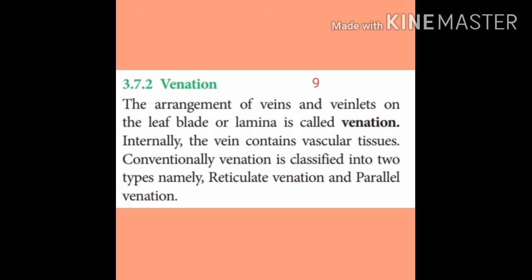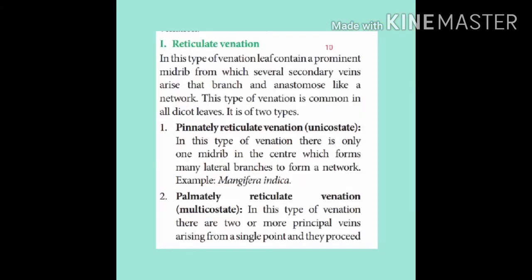The two types of venation are reticulate and parallel. Reticulate means network-like. So a network-like appearance of the veins on the leaf blade is called reticulate venation.